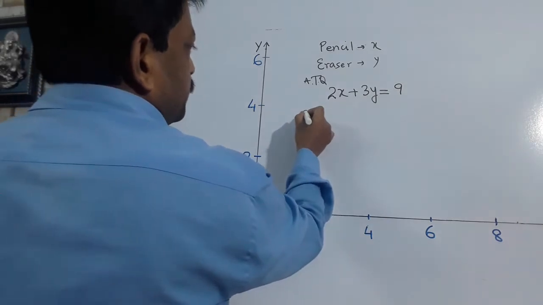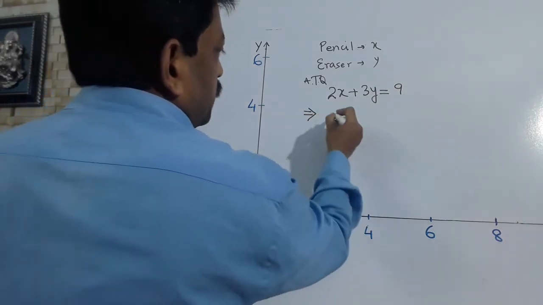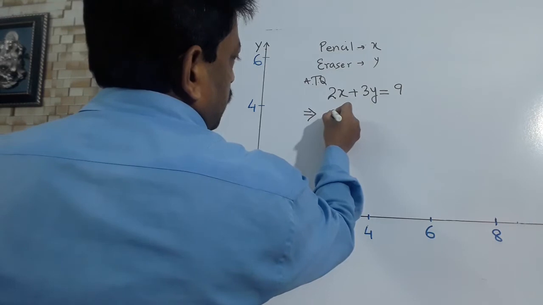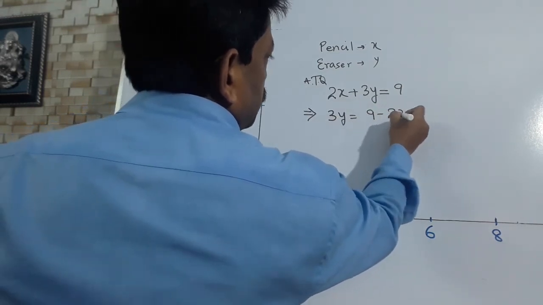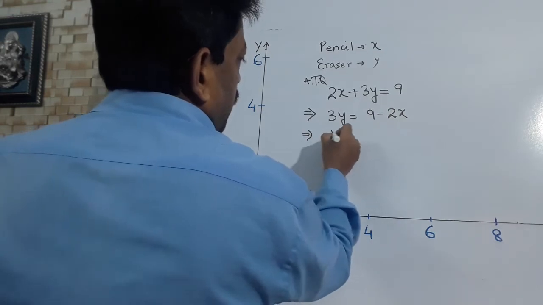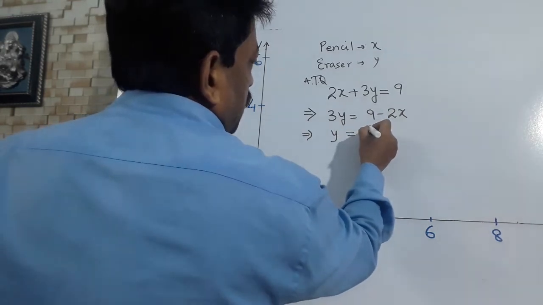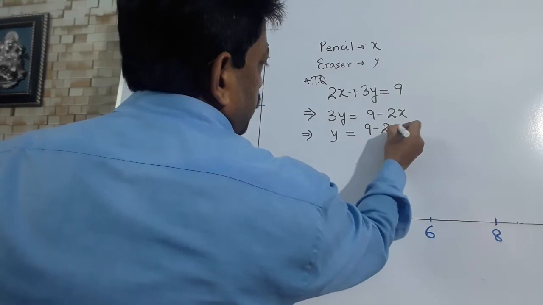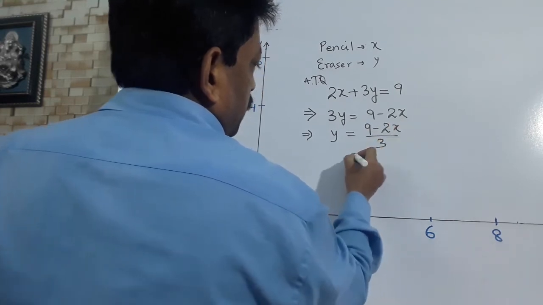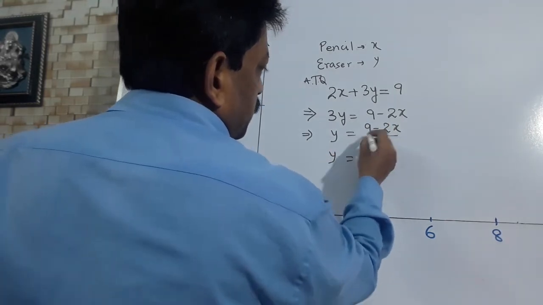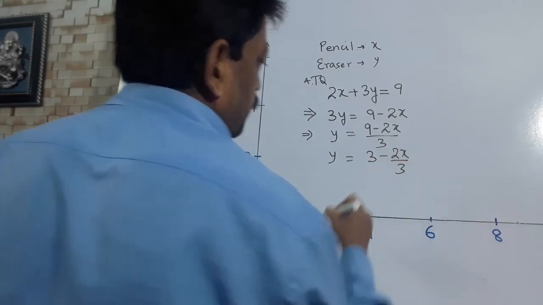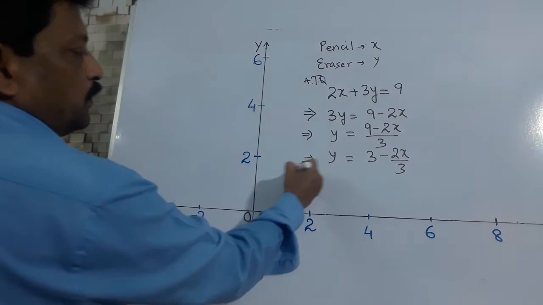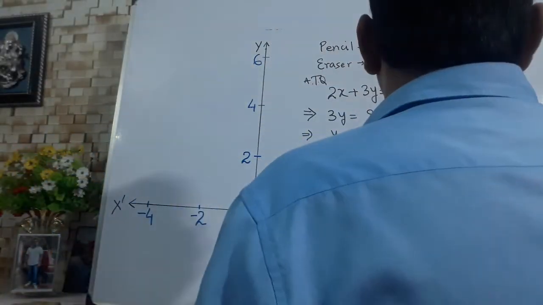Therefore, to form the solution set, it will look like this: 3y equals 9 minus 2x, or y equals (9 minus 2x) upon 3, or it can be written as 3 minus 2x by 3. Okay. Now the solution set.